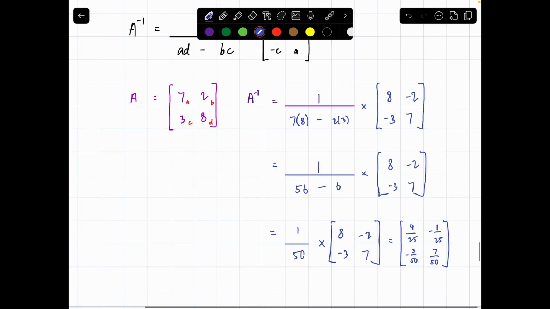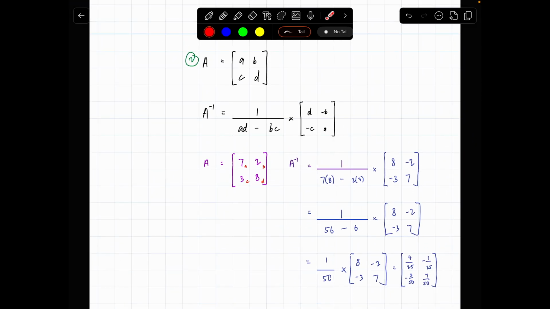And this will be the inverse matrix of A, 7, 2, 3, 8. The inverse will be 4 over 25, -1 over 25, -3 over 50, and finally 7 over 50. This is how you find the inverse matrix for any given 2 times 2 matrix arrangement.